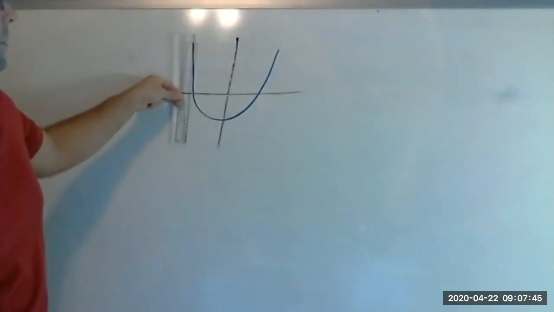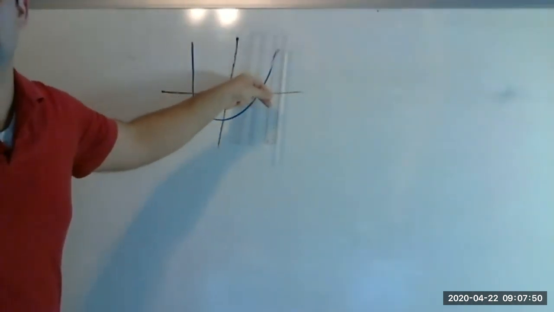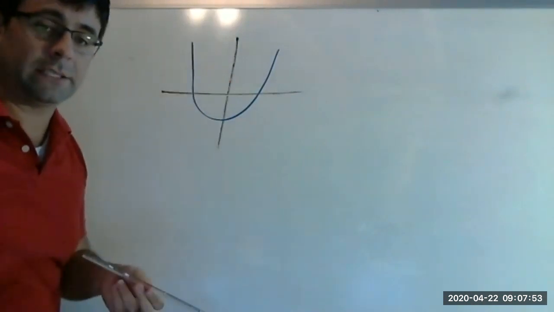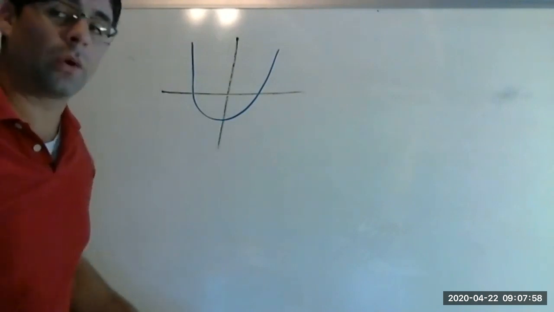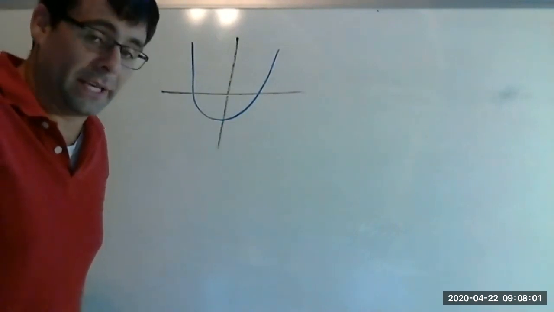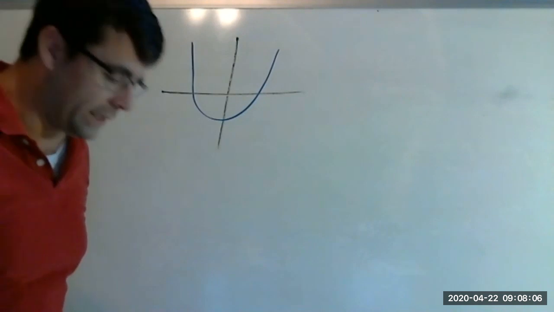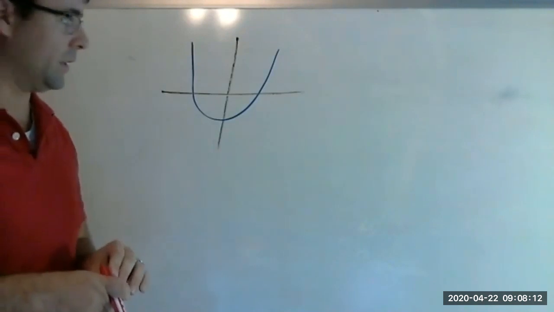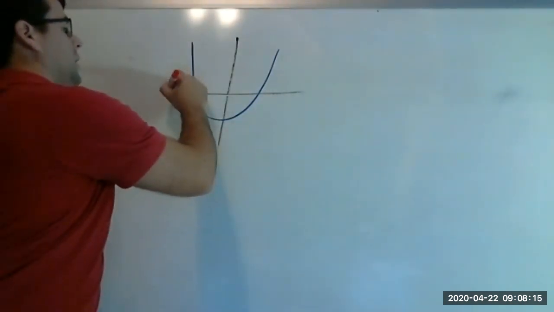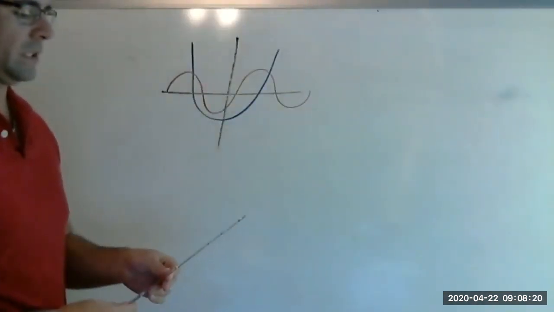So if you can take a vertical line and move it along the graph, that line can only intersect it in one place. It could intersect 0 places, that's fine, but it can't intersect 2 or more places. So an example of not a function would be something like this.